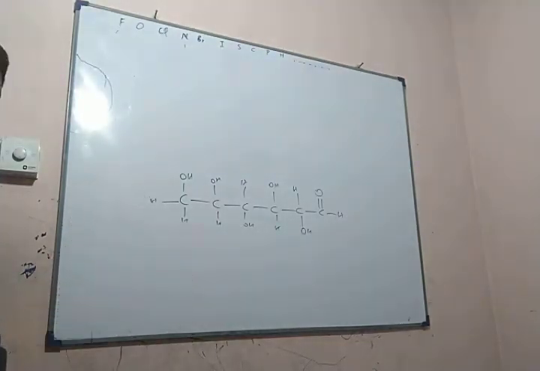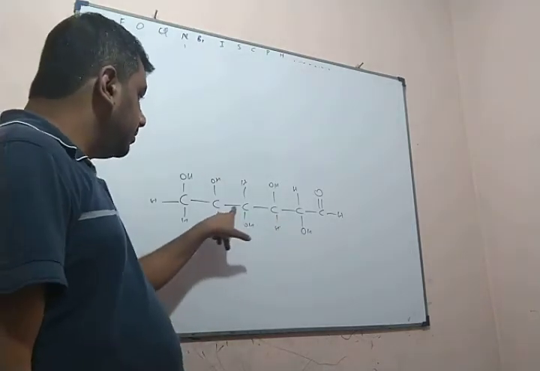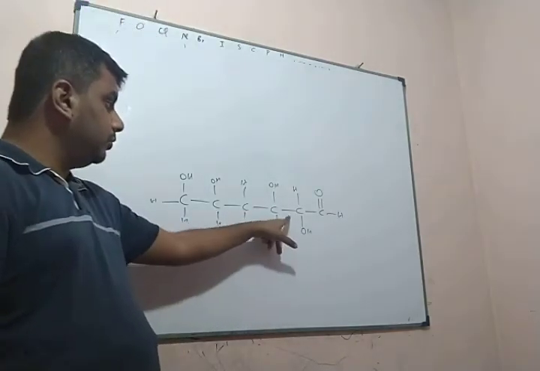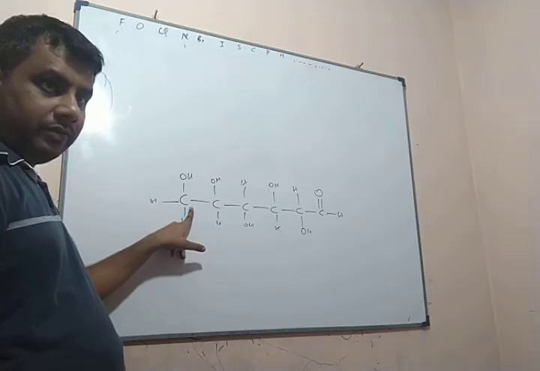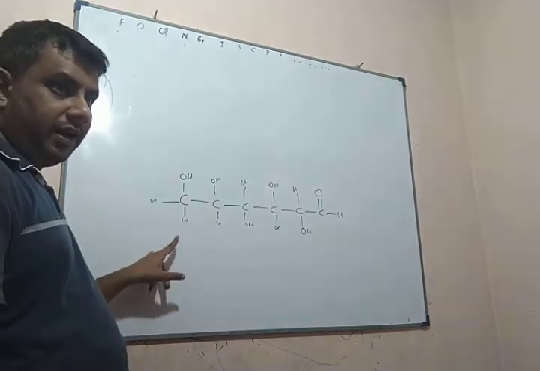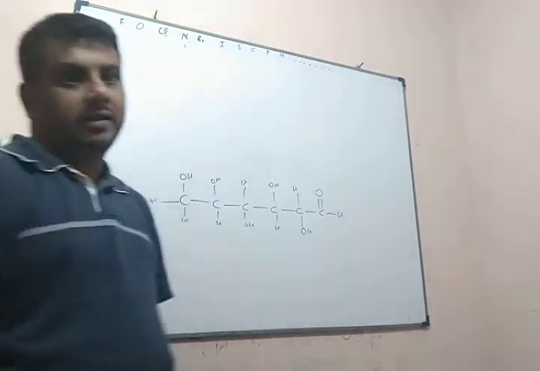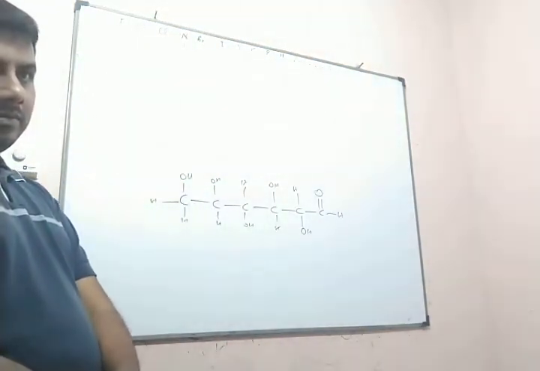The IUPAC name of this compound is, wait, 1, 2, 3, 4, 5, pentahydroxy hexanal. This is the IUPAC name.